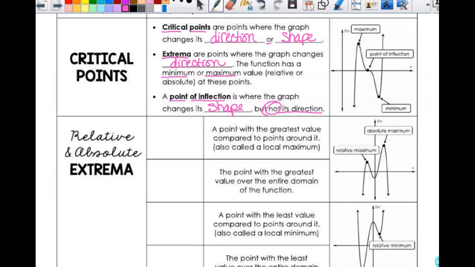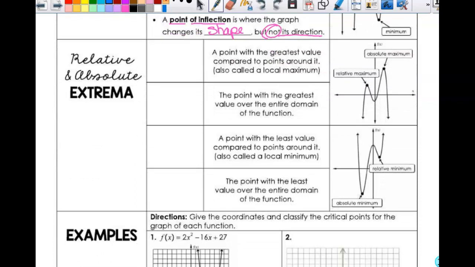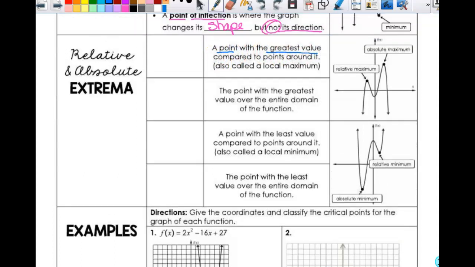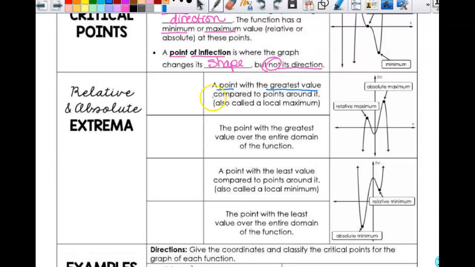All right, so let's then talk about some of these relative and absolute extrema. All right, so a point with the greatest value compared to points around it. Okay, so it's not the greatest one overall, but greatest compared to points around it.